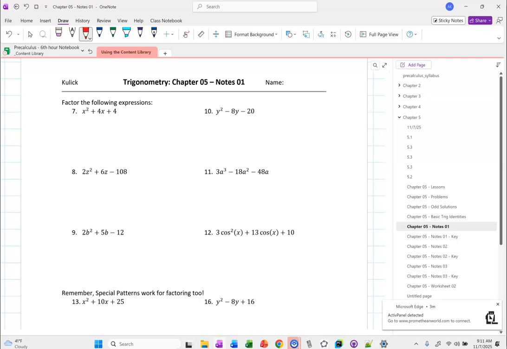Mark. Find out what can go into the x squared and the 4 and figure out what adds to the 4 in the middle. Okay, and what do we get? You get 2. It's just 2. Okay, so the factored form is? X plus 2 is squared.